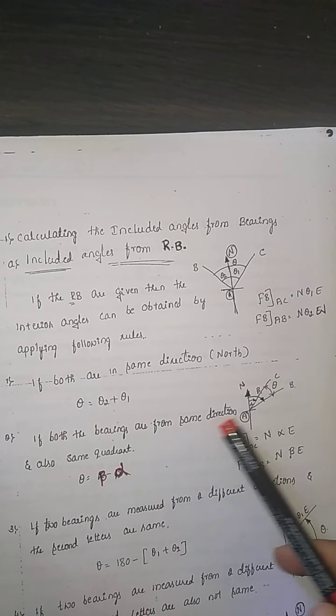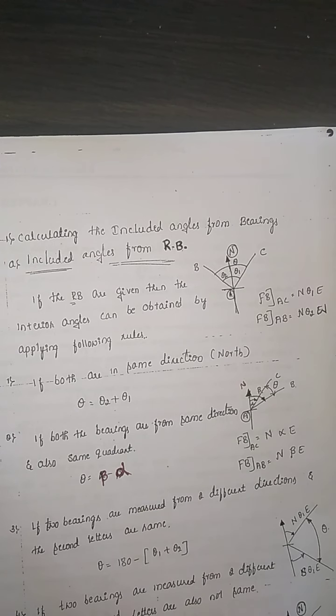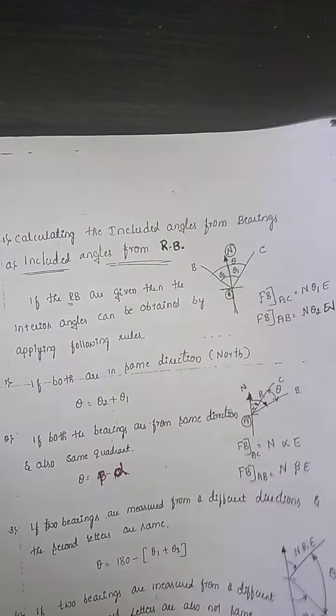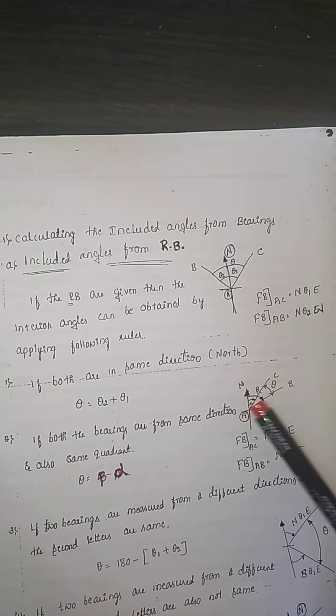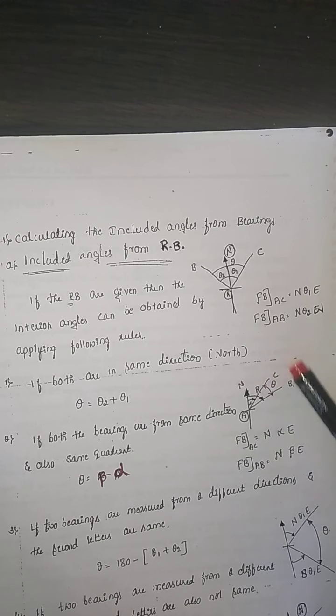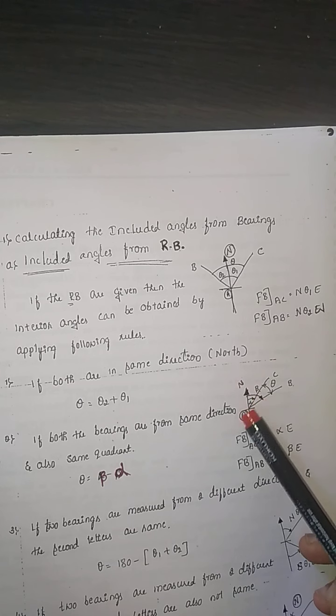Now if both the bearings are in the same direction and also in the same quadrant, as we have discussed right now, if NAC is making an angle alpha and BAN is making an angle beta, then you find the angle CAB by using the formula beta minus alpha.